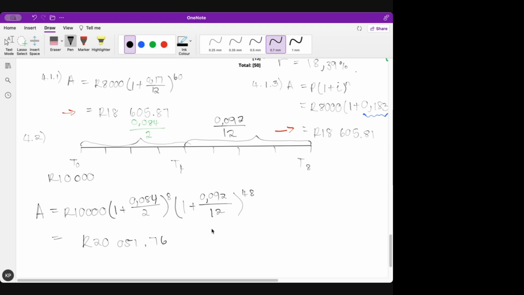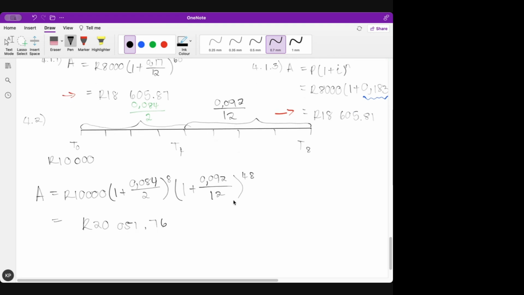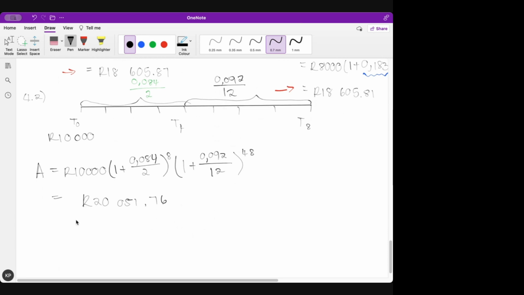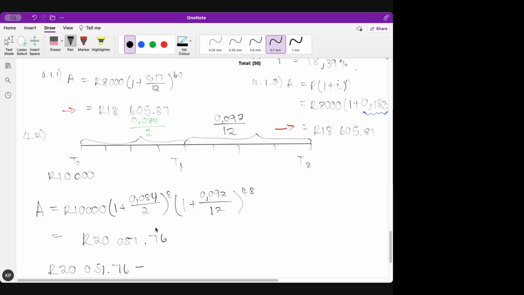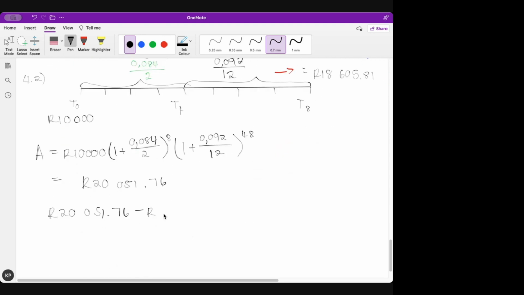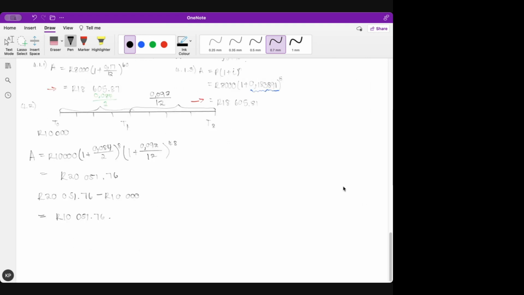But that's not what they asked. They asked us the interest earned. So this is the total amount of money in the account. Now, in order to get the interest, you have to subtract how much he invested in the first place, which was the 10,000 rands. And that means he has earned 10,051 rands and 76 cents interest.